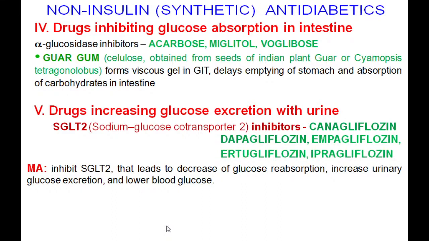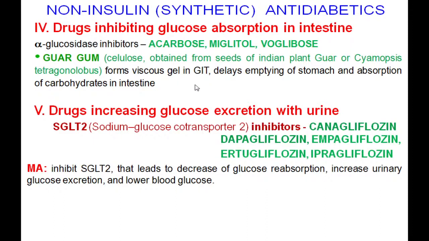Fourth principle and fourth group. Drugs inhibiting glucose absorption in the intestine, or alpha-glucosidase inhibitors. Inhibitors of enzymes cleaving polysaccharides to monosaccharides.